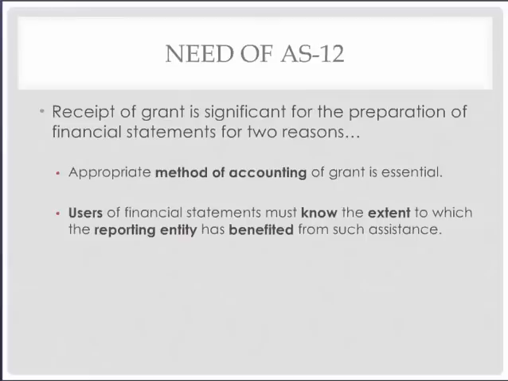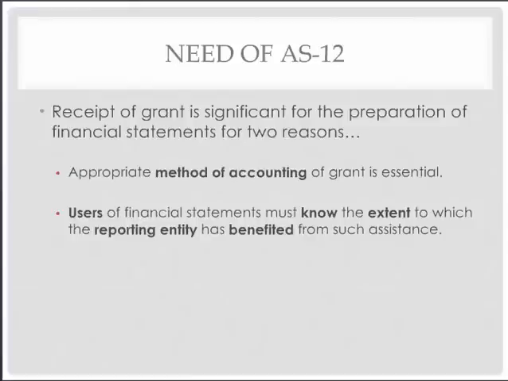Since government grants are increasing, it is important to account for such grants in the correct manner. Why do we need Accounting Standard 12? It is because of two reasons.